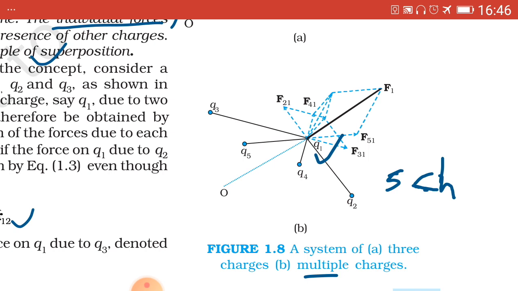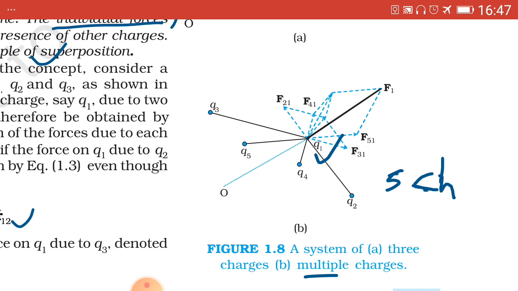But suppose in this figure, if we want to calculate the total force on third charge, that is q3, due to other charges, that is q1, q2, q4 and q5, then vector F3 you can note down besides the figure.